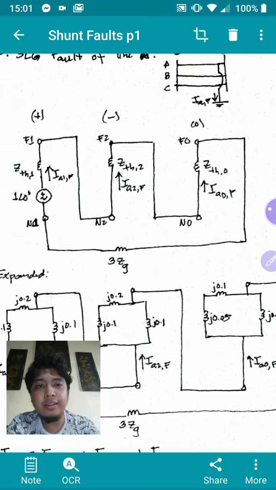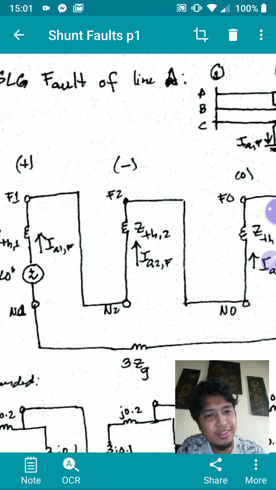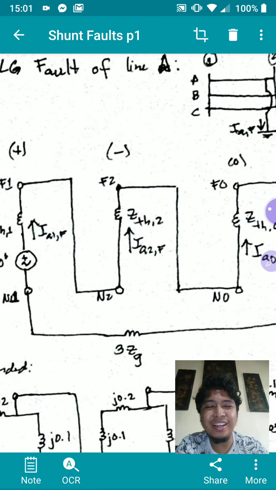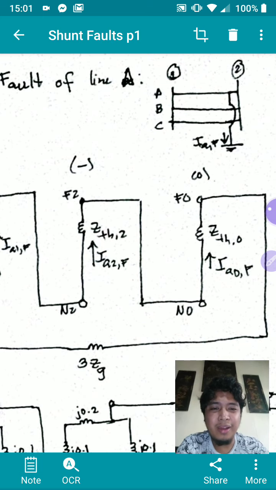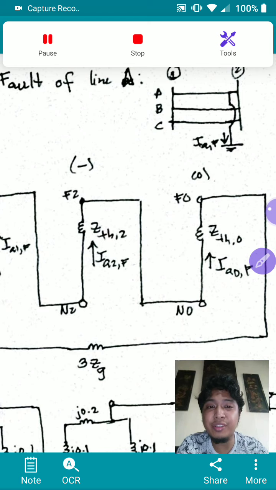Now when dealing with unsymmetrical faults, it gets a bit more fun because you'll now see how the symmetrical components affect the fault current.